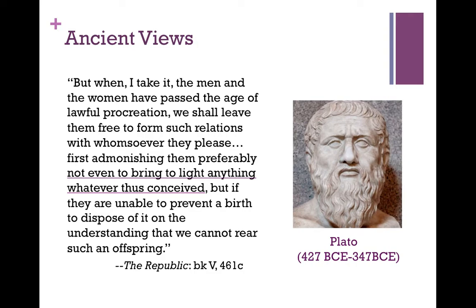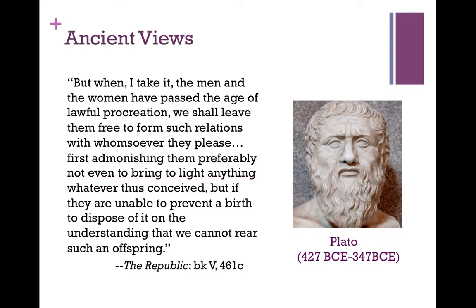So here we have Plato, and you can see the dates when Plato lived. He lived roughly 400 BC. And Plato endorsed what we could consider a fairly radical pro-choice position. What Plato says right here is that parents, if a woman is pregnant, should not bring to light anything thus conceived, on the understanding that they cannot rear such an offspring.